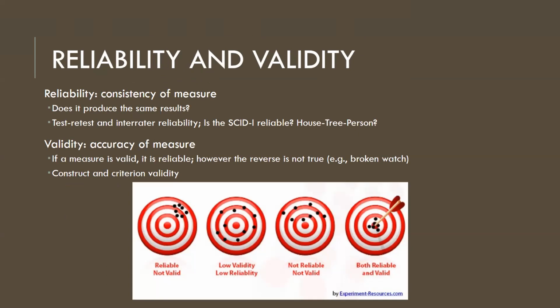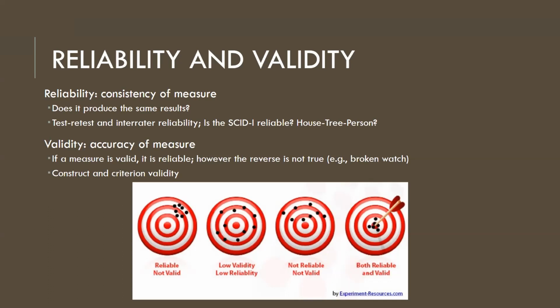Some ways that we will assess this are the test-retest, which is what I just indicated. We give the test multiple times in the same situation to see if we get the same answer. Inter-rater reliability is another way to assess reliability, where we give the test once and then we have multiple scorers score the assessment. If the assessment is reliable, it's been written well, the grading instructions are clear, multiple people should be able to look at the data and arrive at the same answer, the same conclusion.